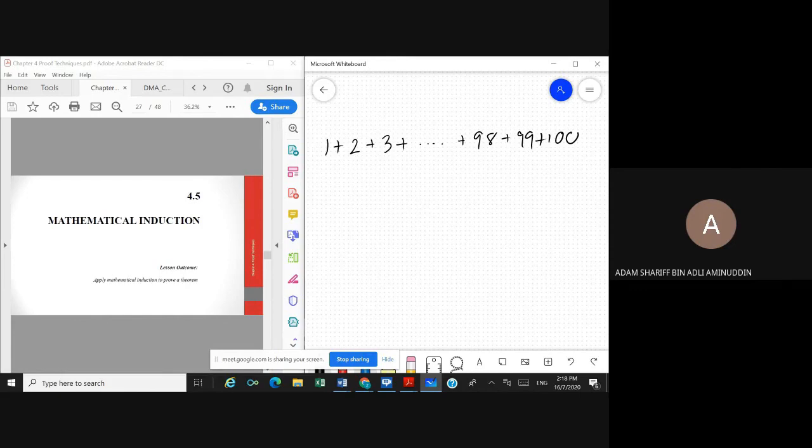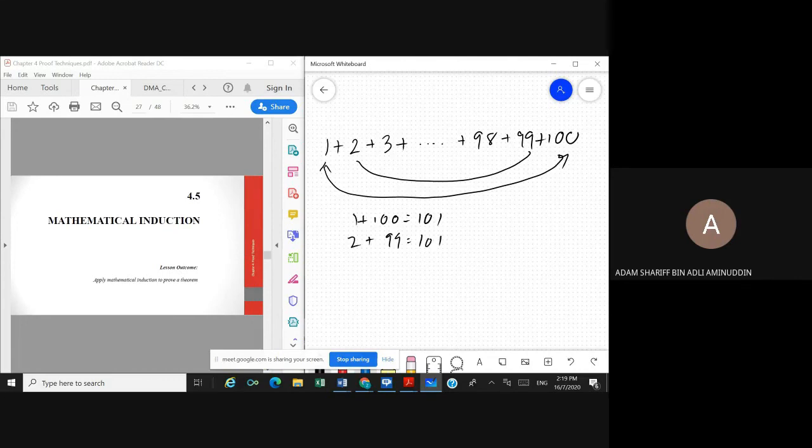The boy said that he realized this pattern. 1 plus 100 is 101. 2 plus 99 is 101. 3 plus 98 is 101. How many 101s are there? Wah, 50, Adam Pang is great. Yeah, you are correct maybe. Let's show, I tried to prove this statement.